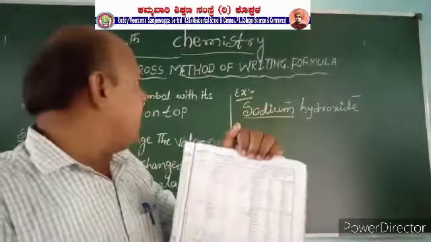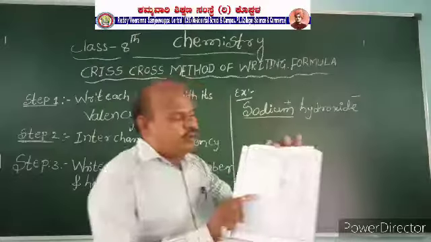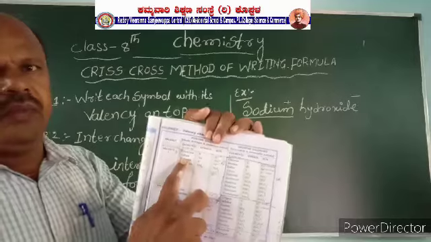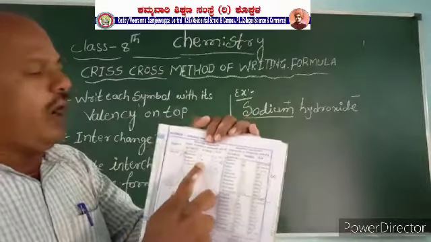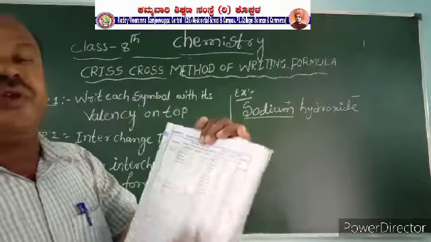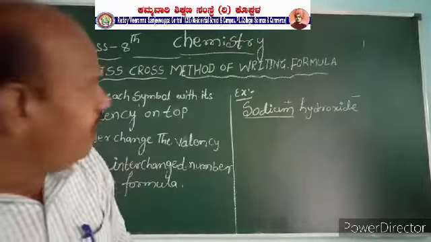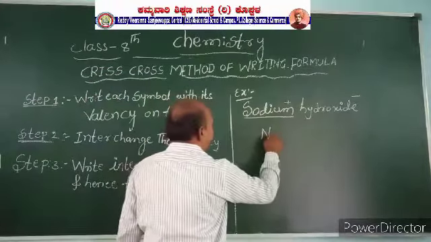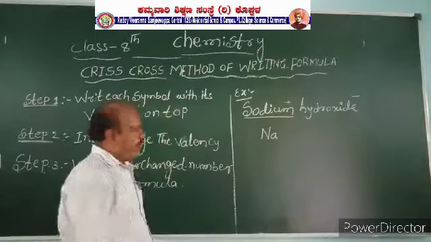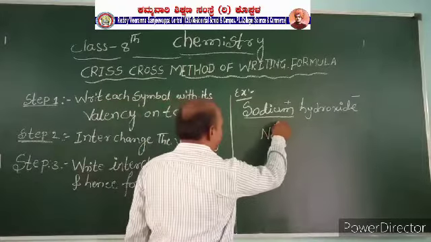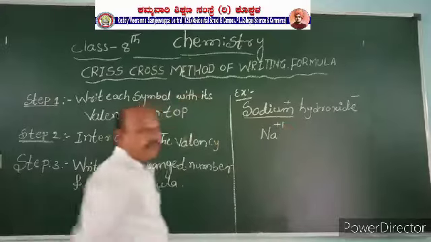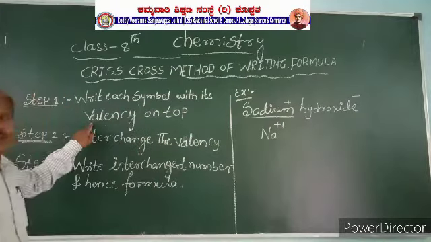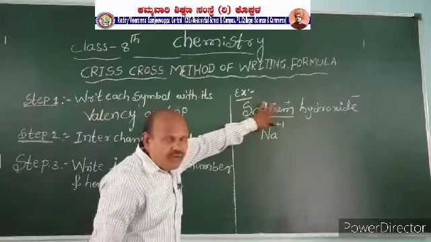In that, positive radical sodium is Na plus 1. Hydroxide is OH minus 1. With the help of that, first you write the symbol of sodium, Na plus 1, because first you write the symbol with valency on top at the right side.